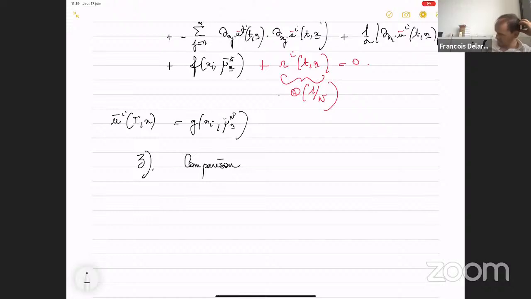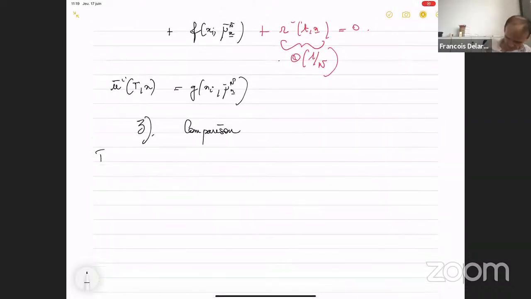So if you remember the way I spoke about this on Monday, I told you that certainly from a probabilistic point of view, a good point was to follow the evolution of the cost along the dynamics. And here I'm going to do the same.